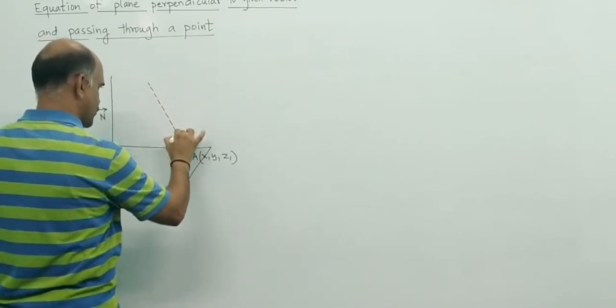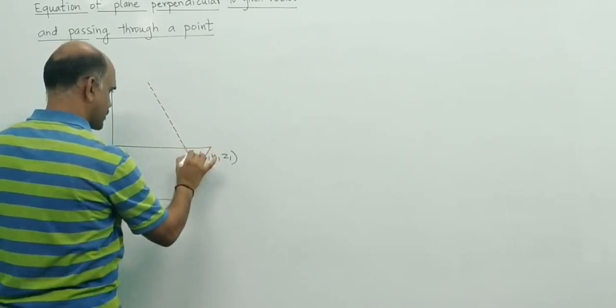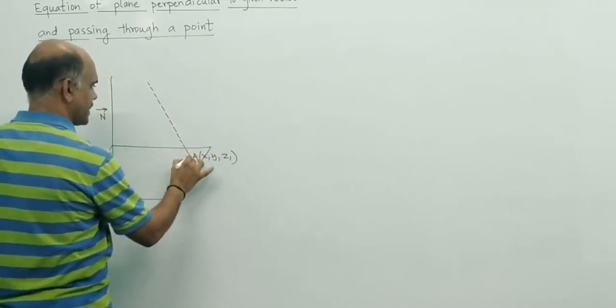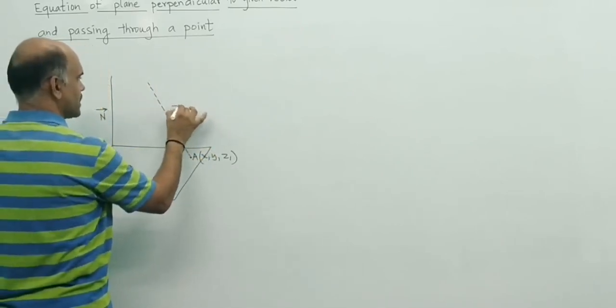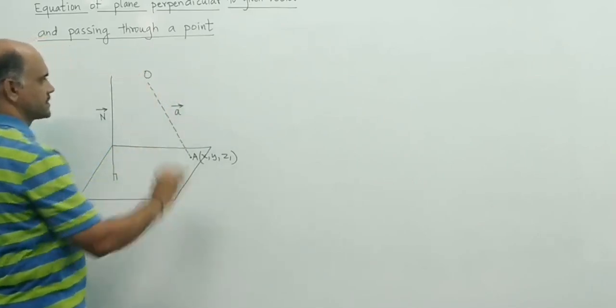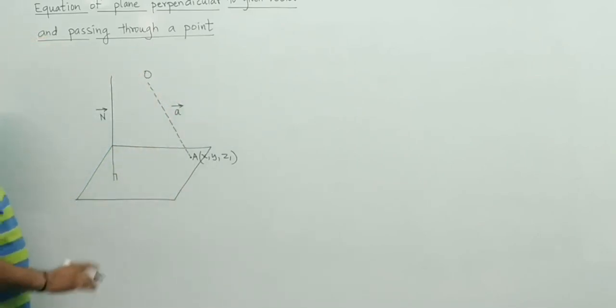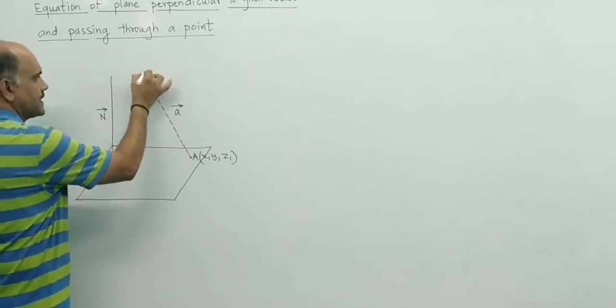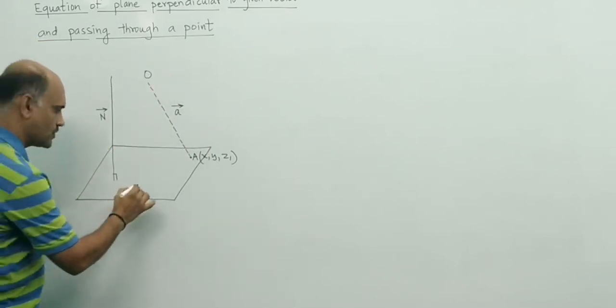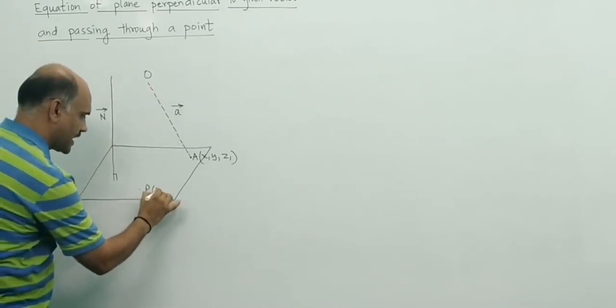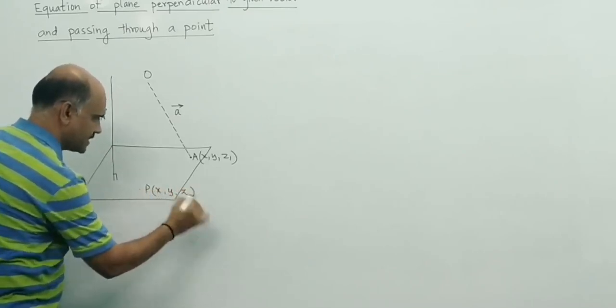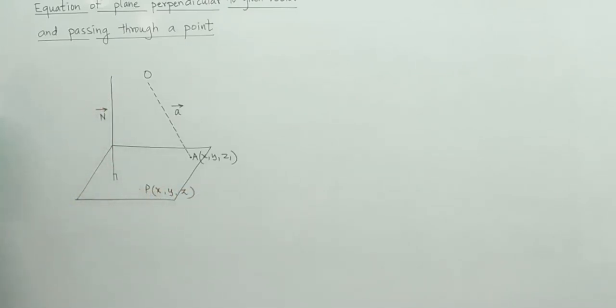So if I take its position vector, this point I will take as A, its position vector I will take as a, and this is the origin. Now another point I will take on this plane, P of x, y, z be a point on the plane.